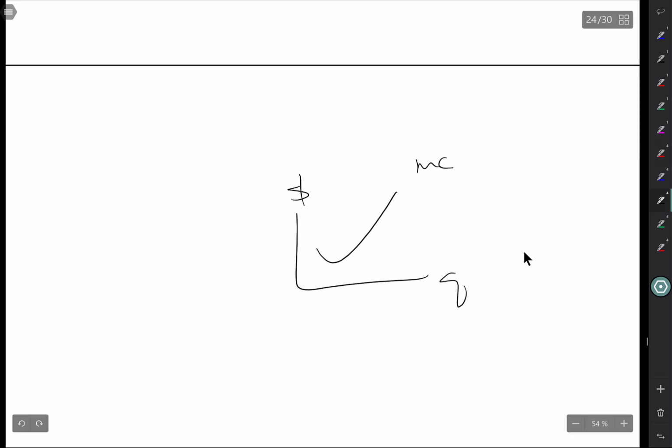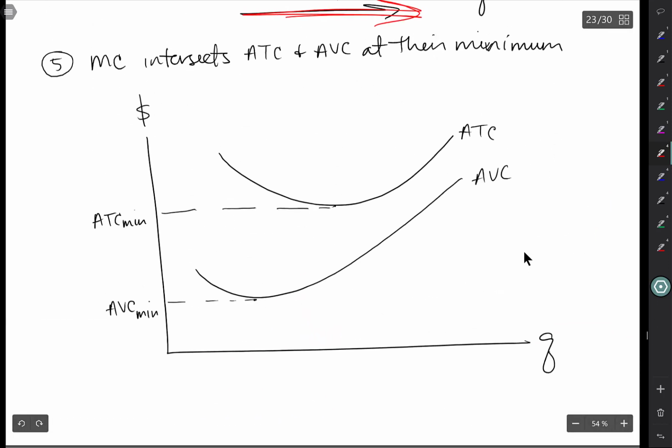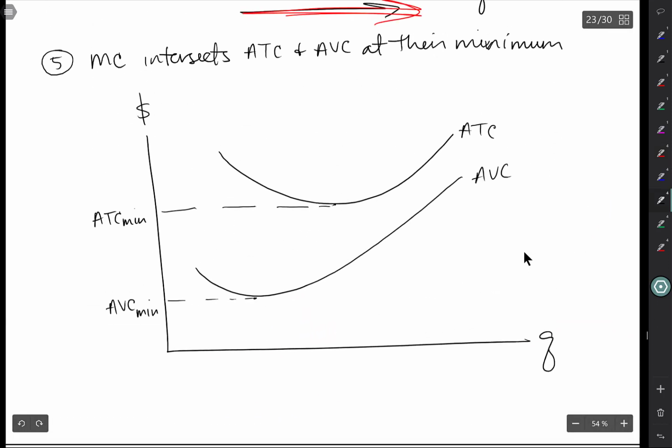And again, we understand when we have the Nike swoosh, when we have the benefits of specialization, that's when marginal cost goes down, which means marginal productivity is going up, right? This should all link. So I'm going to draw this one because I like that one. And so let's make sure we superimpose that here with making sure that this condition holds. Marginal cost intersects average total cost and average variable cost at their minimum, right? So I'm going to be careful when I draw it.